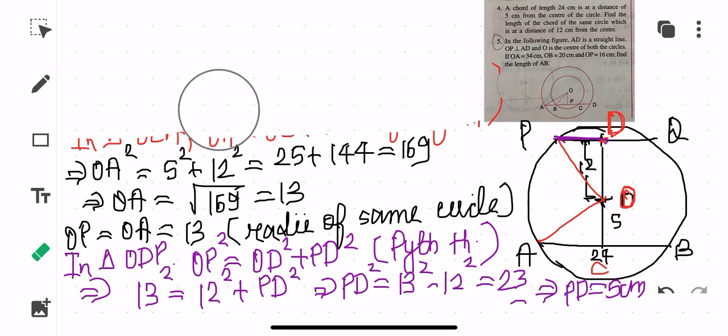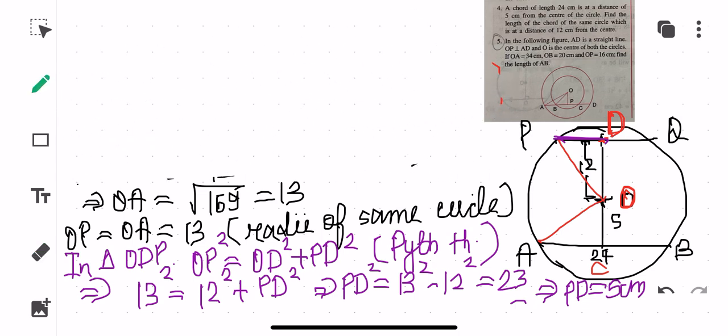Now what do you need to do, children? You will be now writing down that this implies that PQ will be equal to 2 times of what, children? This will be equal to 2 times of PD. And how much is PD? You have calculated PD as equal to 5.